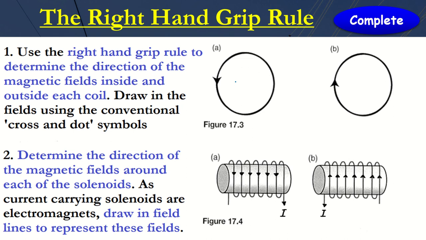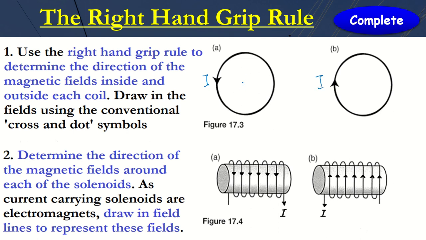So for our first example, that is our magnetic field. Our magnetic field in this case is going in an anti-clockwise direction. Our thumb represents the direction of the current, and we want to work out what the direction of the magnetic field is.